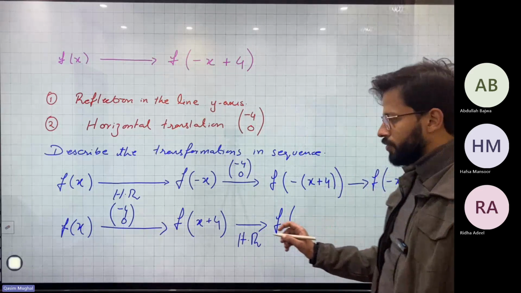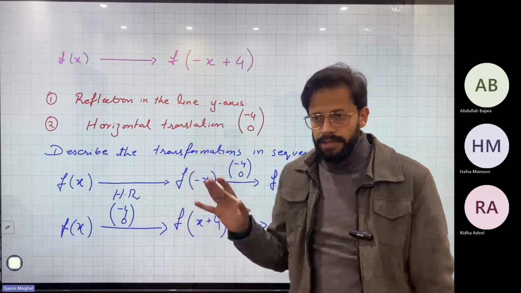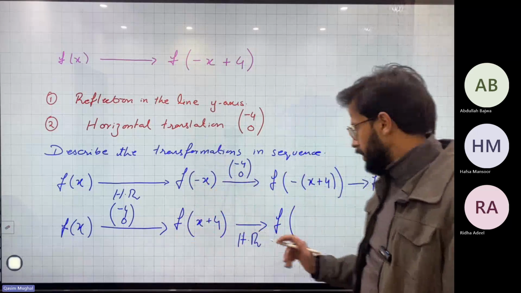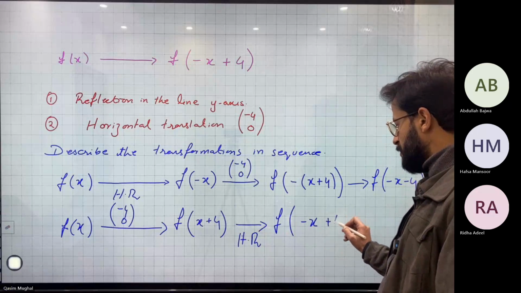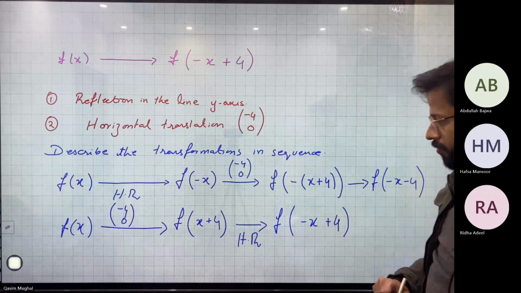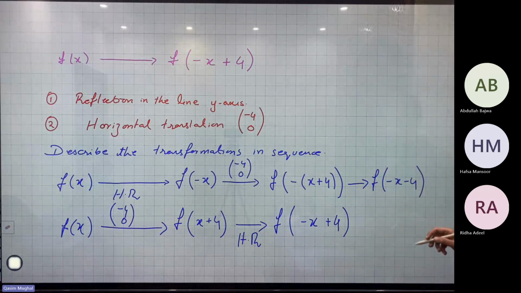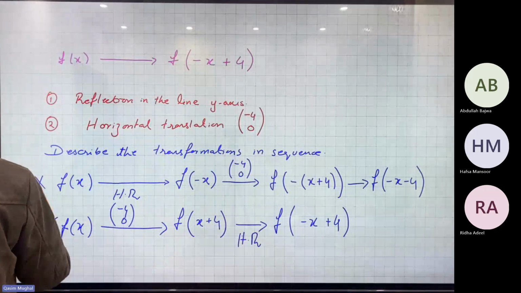For that, you need to multiply the minus sign in x, not whatever is inside the function, only in x. That is going to result in -x + 4. Which one matches? Which route is the correct one? The second is correct, and the first is wrong.